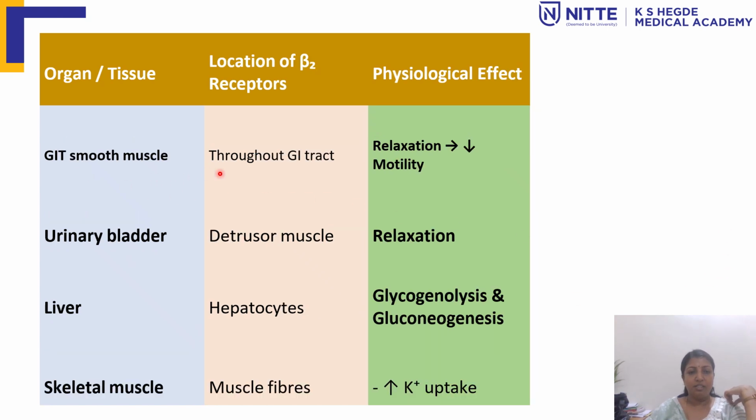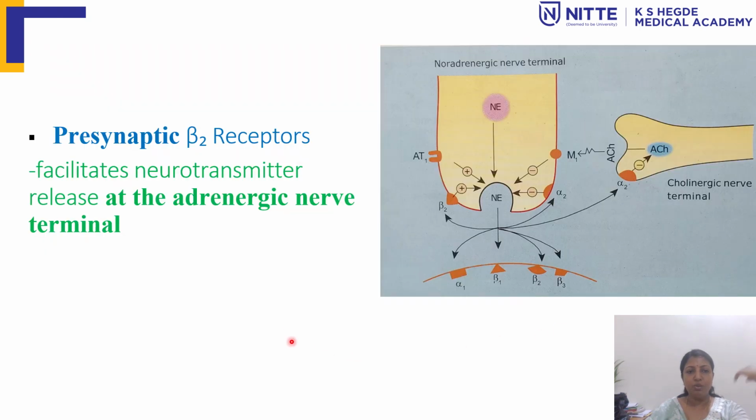In the GI tract, throughout the tract, they can produce relaxation and decrease in motility. In the urinary bladder, the detrusor muscle, it produces relaxation. Hepatocytes in the liver: glycogenolysis and gluconeogenesis. Skeletal muscles, mainly on the muscle fibers, can increase the potassium uptake. As I've told you, beta receptors are also seen presynaptically.